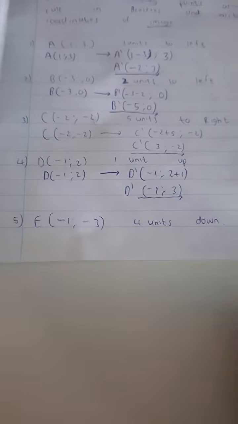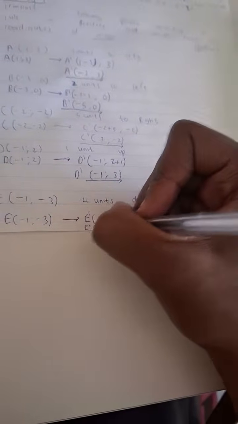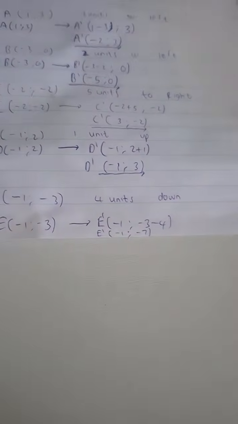Very good, guys. You guys are phenomenal people there in the comment section. The image of E, negative 1, negative 3, 4 units down, minus 4. So that means the image is negative 1, negative 7. Okay. Very good.